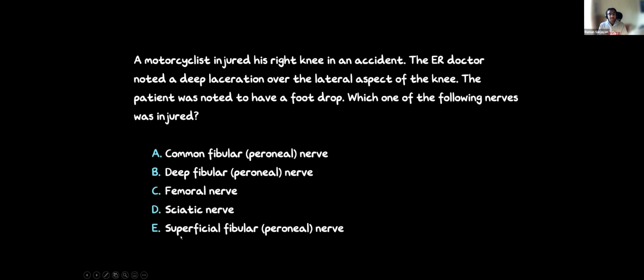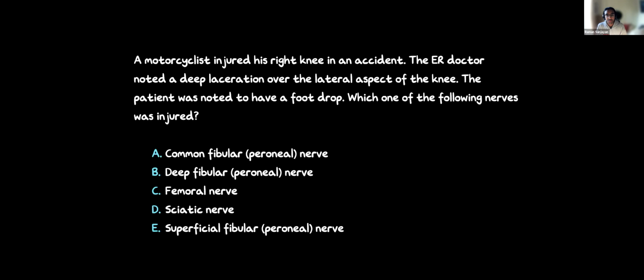All right, so a motorcyclist injured his right knee in an accident. The ER doctor noted a deep laceration of the lateral aspect of the knee. The patient was noted to have a foot drop. Which of the following nerves is injured? So again, where do these nerves go? Following and remembering the paths of the nerves throughout the leg is going to be important for these pathology style questions. Again, you can't memorize this.